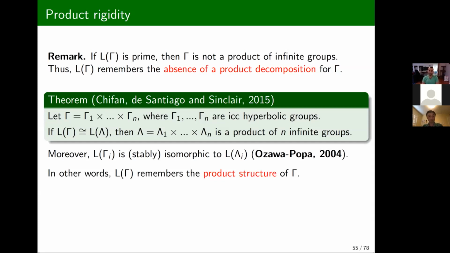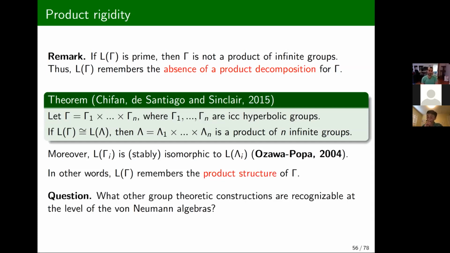Okay, so what we've seen so far is that sometimes L of gamma remembers the absence of a product decomposition, and sometimes it remembers a product decomposition. So it's natural to ask what other group theoretic constructions you can recognize at the level of the von Neumann algebras. And I'll tell you one more result in this vein.